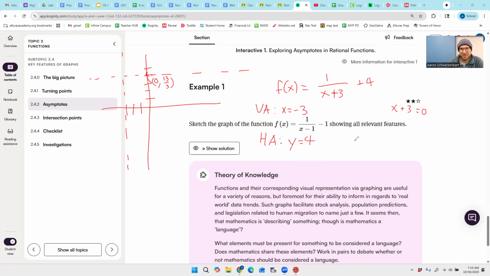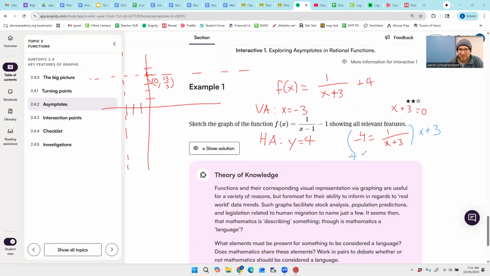X-intercept. So I plug 0 in for f of x and multiply both sides by x plus 3 to solve this. I'm doing this all by hand, mostly because I think it's a good exercise for you.